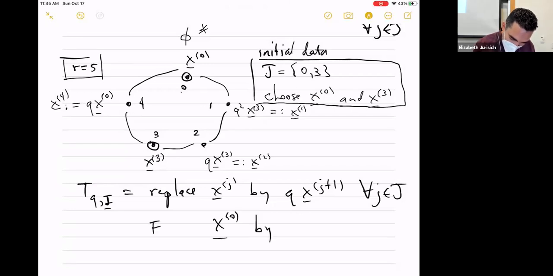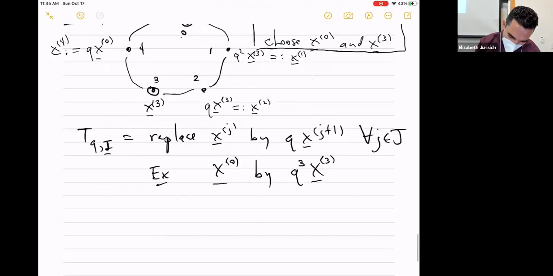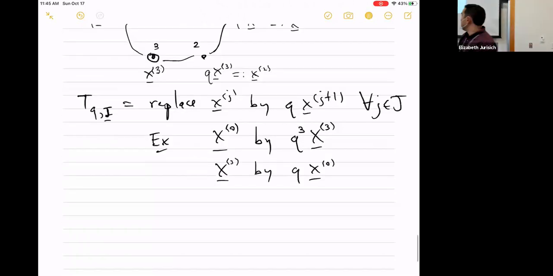For the example, I replace x0 by q cubed x3 underline. So this is a new thing, that you have the cyclic distance in the cyclic quiver, and the powers of q that you see can be higher than just one in your translation operator. And then x3 by q x0. So this is kind of a new interesting structure in Macdonald theory that comes out of this.